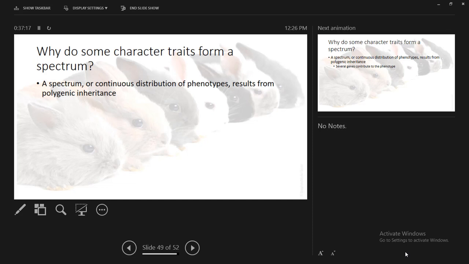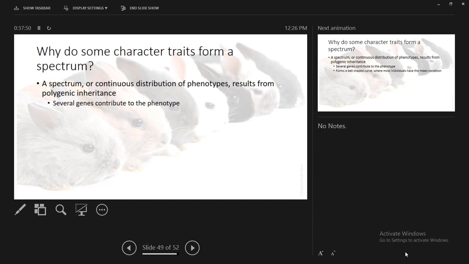We treat human eye color as though it's a discrete character, where you've got blue, you've got brown, you've got green, you've got hazel. But if you actually look at people's eye color, you realize it's more of a continuum. You default to saying that it's brown, but when you look closely, it's not brown. It's kind of something a little bit different. And they just lump everything under hazel and treat it as its own category.